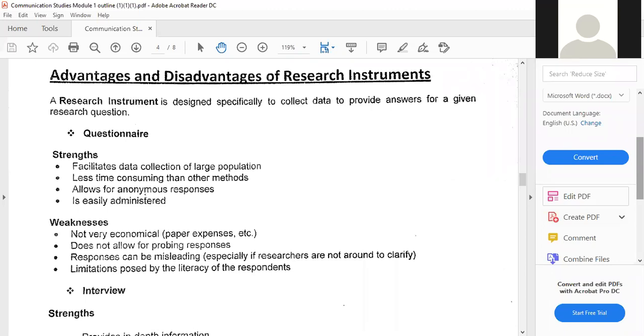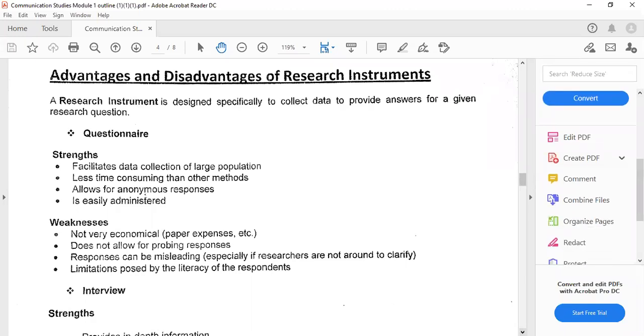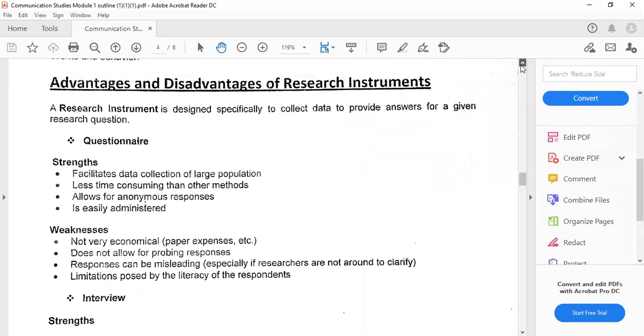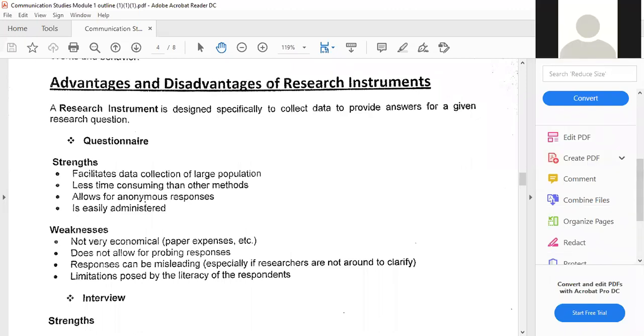Kiana with a Y, can you tell me what you think are some strengths of using interviews? Kiana with a Y, are you there?